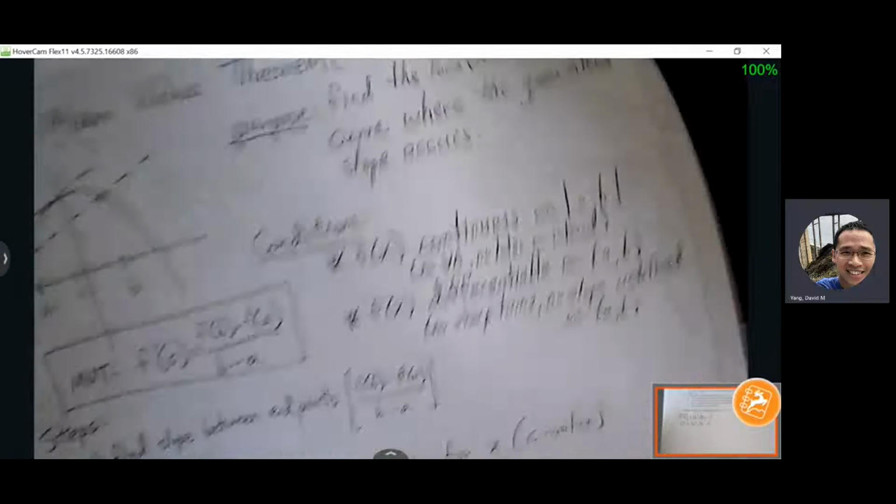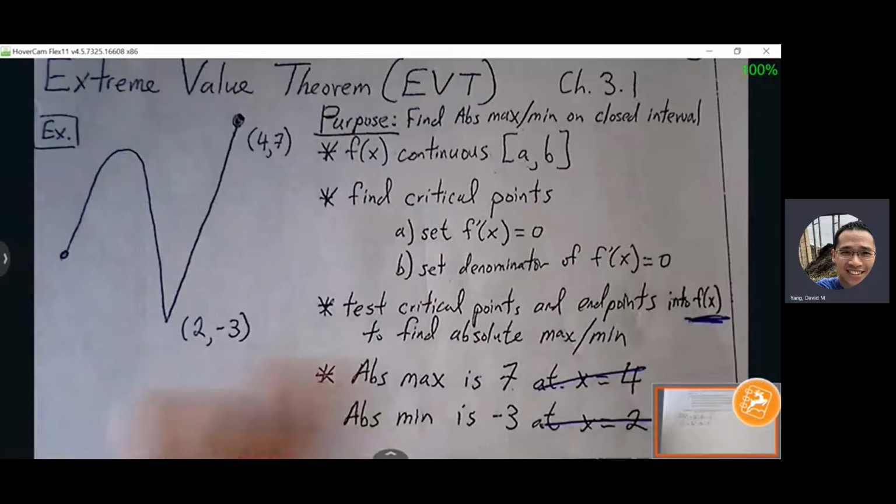So what I want to briefly do is run through extreme value theorem, since we haven't seen that in a while, and then we can start our quiz review worksheet packet.